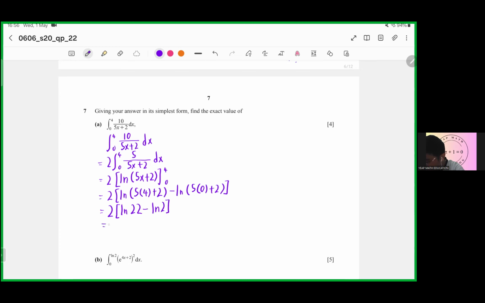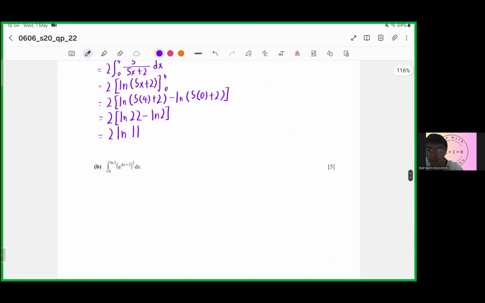And then we will get 2 ln 11. Why is it ln 11? Because we follow this concept: log x minus log y equals log x over y. Okay, we follow this law of logarithms. So you can take this time to revise the law of logarithms.